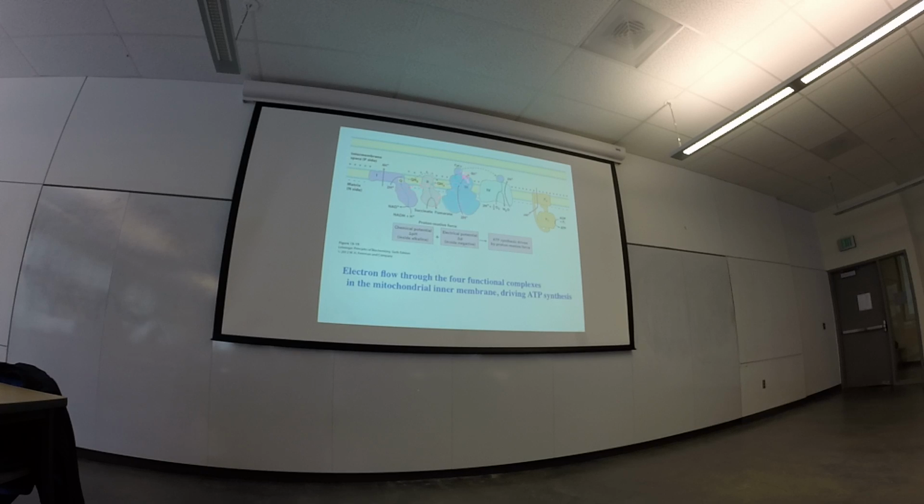QH2 comes in here, and all that contribution is up here. It all contributes to this. This part is all the same, no matter what the original source was. So you're going to get at least this much from anything. It's just that you also get this if your NADH is coming from the inside, but not in any other case.